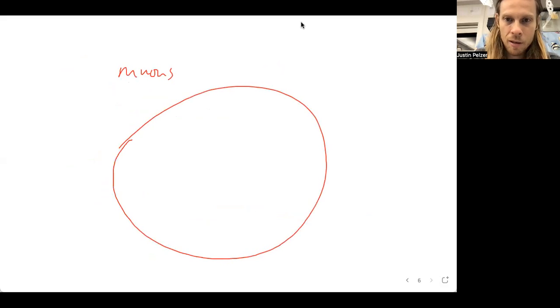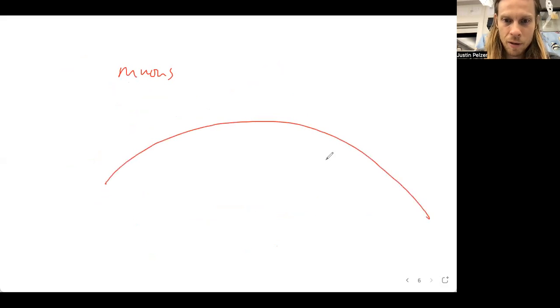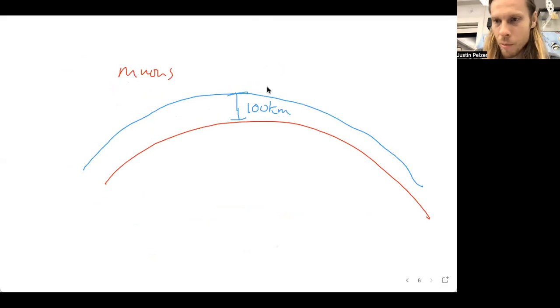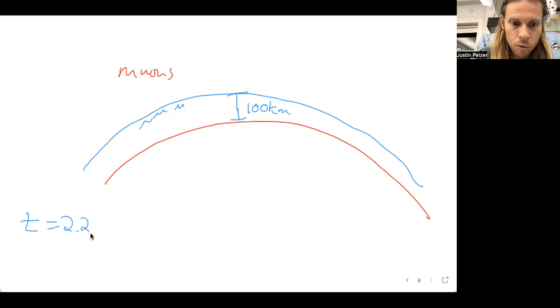Other example, muons in the atmosphere. Here's the Earth's atmosphere. The atmosphere is a thin shell about 100 kilometers, what's called the Kármán line, the border to outer space. Muons generated in the atmosphere should decay, from their reference frame, in 2.2 microseconds.